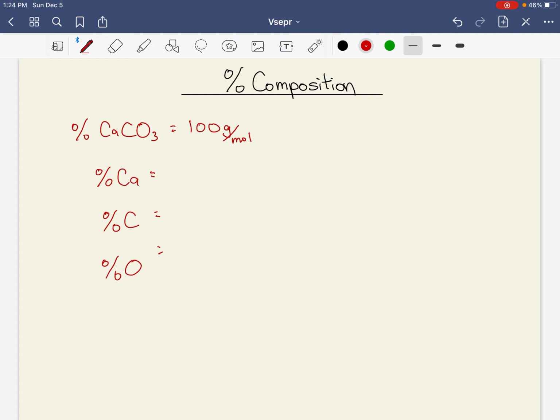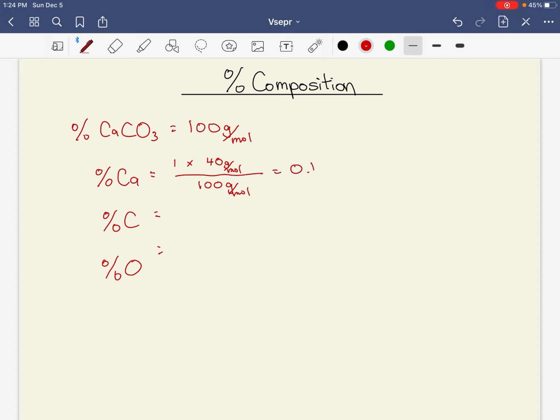How do you find percent calcium? How much calcium is in calcium carbonate? How much of this mass belongs to calcium, or the percentage being calcium? We'll look at mass in the next example. Calcium: there's one of them, and each calcium is worth 40 grams per mole. So this is going to be 40 over 100.